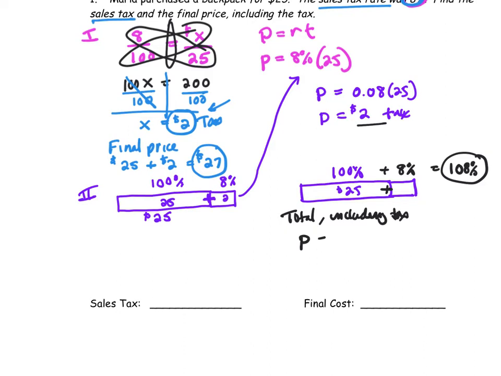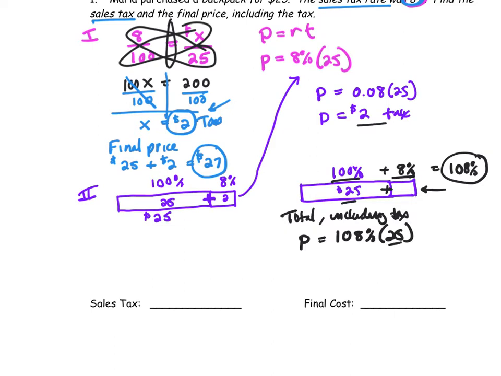Part equals the rate, here's the tricky part, would be 108%. That's 100% of what we're going to pay, which is $25, plus 8% of $25. And if we use this method, we don't necessarily know just the tax, but it's going to tell us the total. And that is still based on the total of $25.